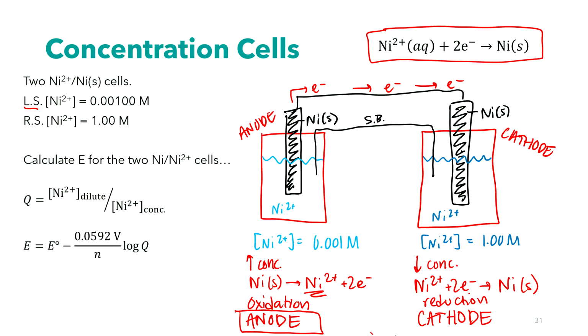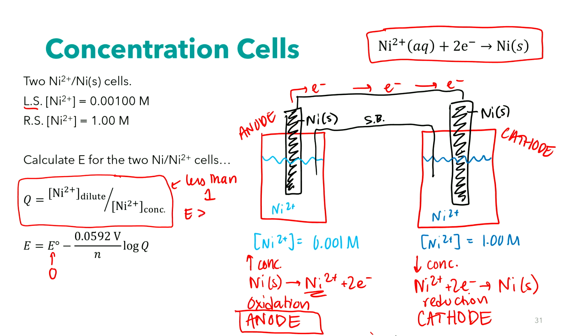Okay, I can calculate my E. This is, of course, going to be 0. I am always going to define Q such that Q is less than 1. That will mean that I get an E that is greater than 0, and it's positive, and by definition, this is flowing spontaneously. Okay?